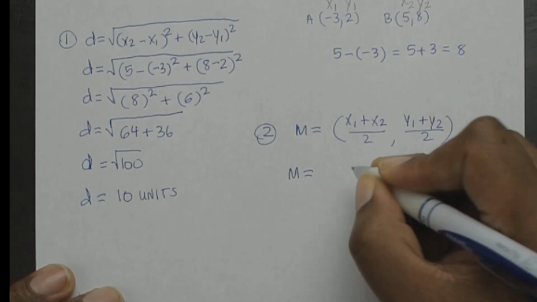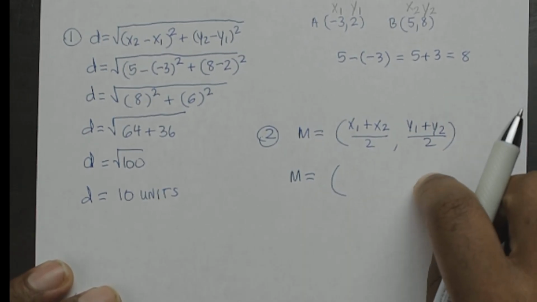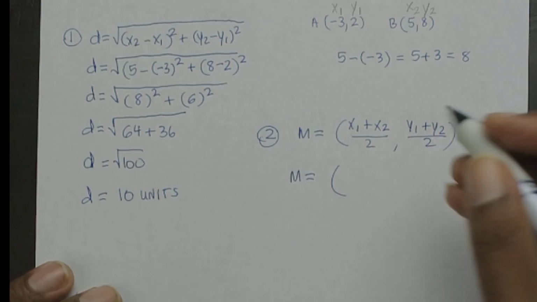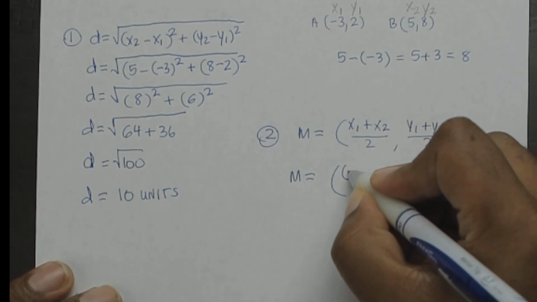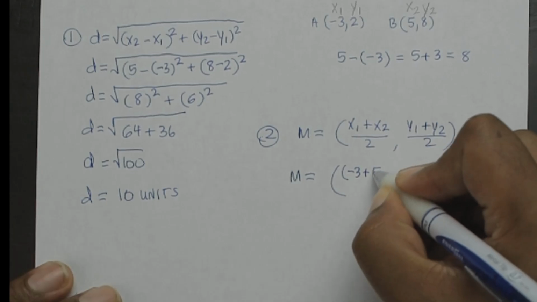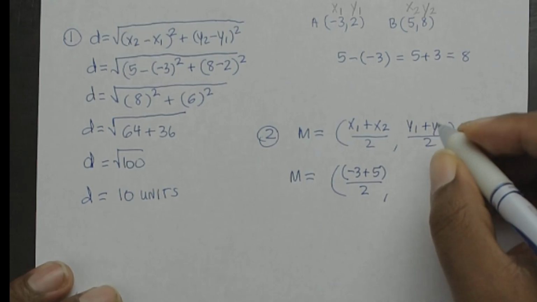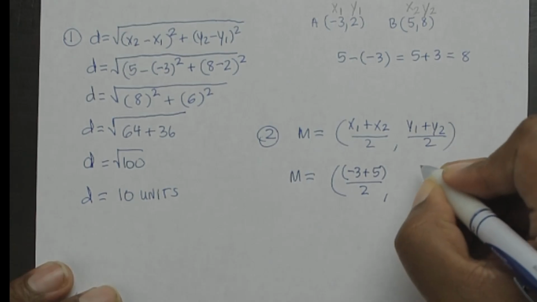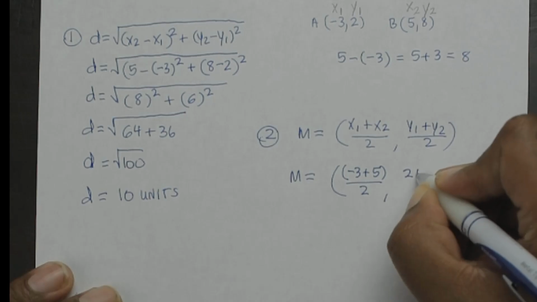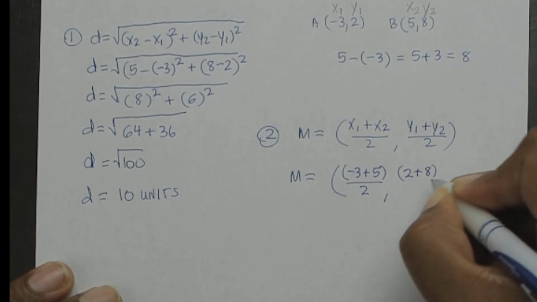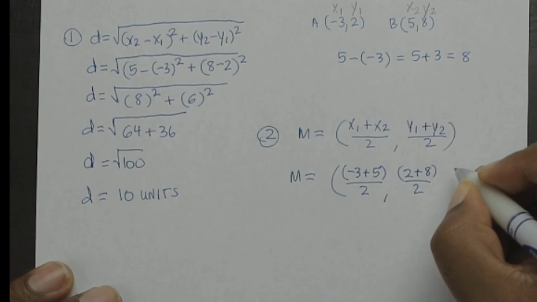So m equals, all we have to do is take the values and put them together. So we have -3 plus 5 divided by 2. Then we have 2 plus 8 divided by 2.